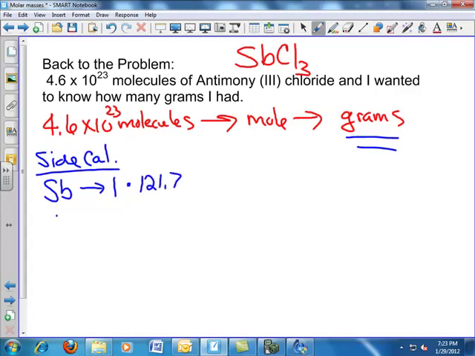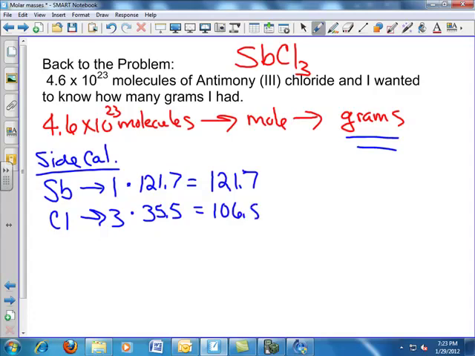And I have chlorine, and I have 3 of those, and each chlorine is 35.5. So 121.7 times 1 is still 121.7, and 35.5 times 3 is 106.5. So I'm going to add those 2 together.